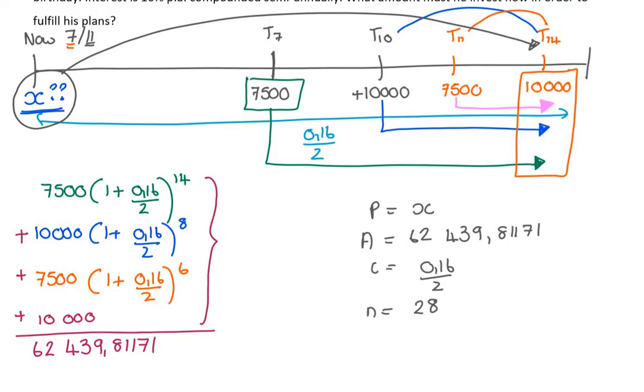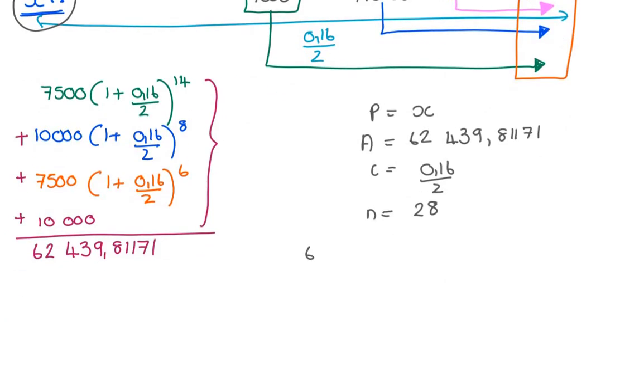So what would he have to save now to make that investment work out? And so now I say 62,439.81171 is equal to some original investment if I added interest at 16% compounded semi-annually for 28 time periods.